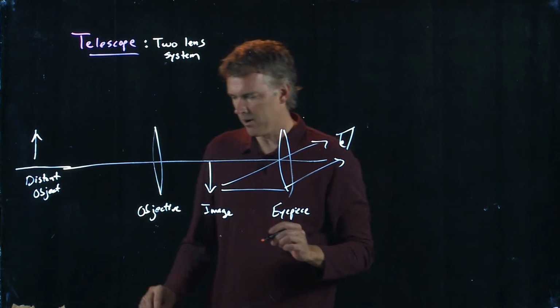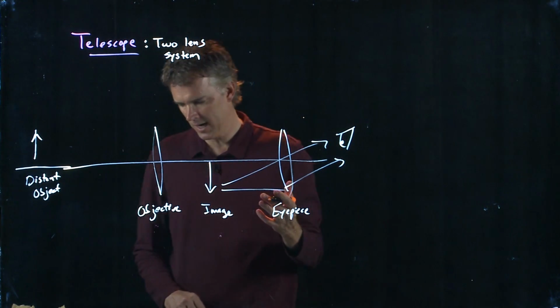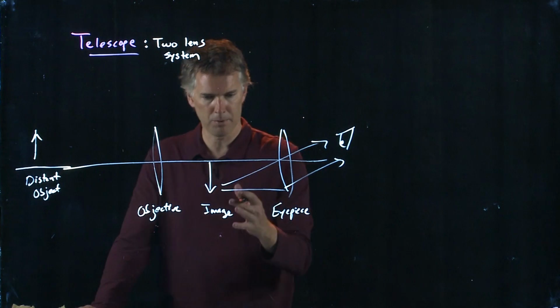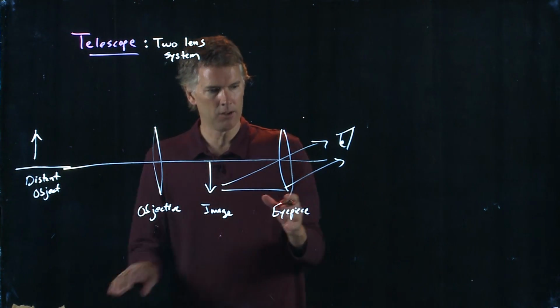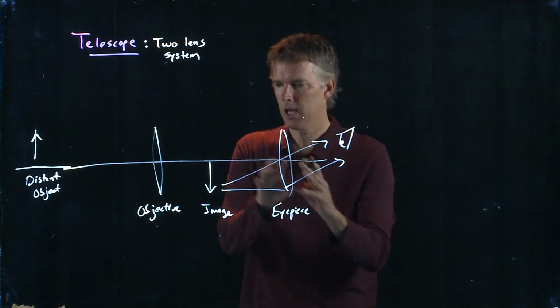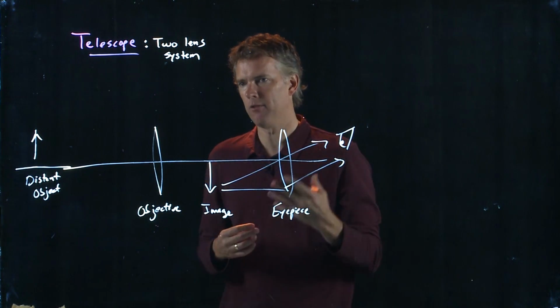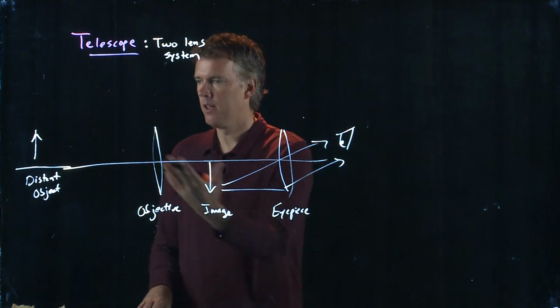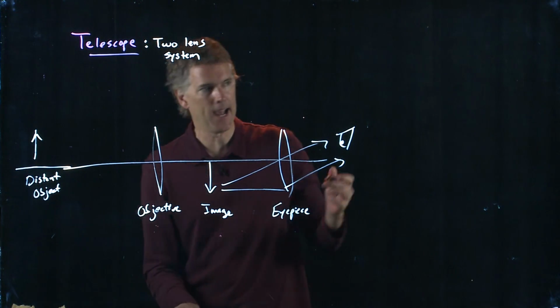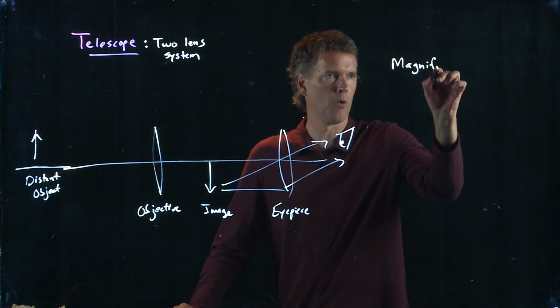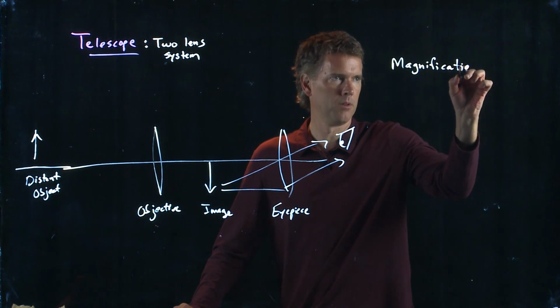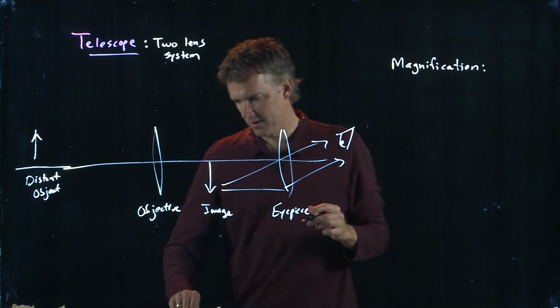So there is another derivation that goes along with this problem that is a little bit tricky, but the idea is when you are looking at this image, it can in fact look a lot bigger than it would look if you're looking straight at the object. And there is a magnification for the telescope, which is the following.